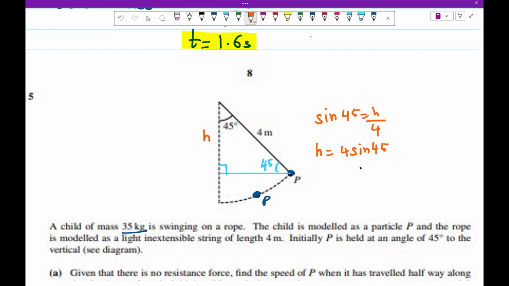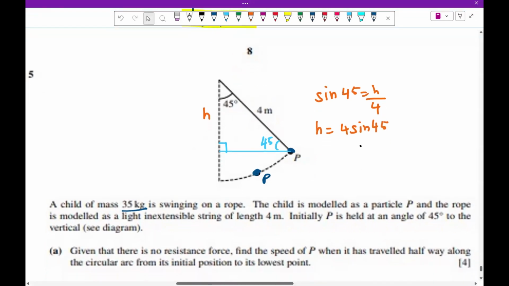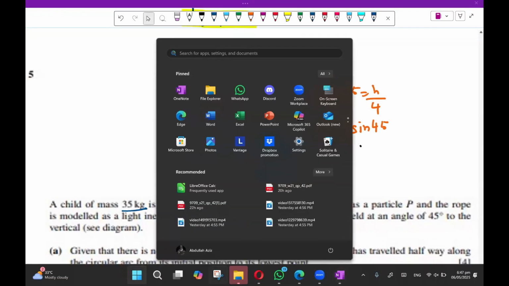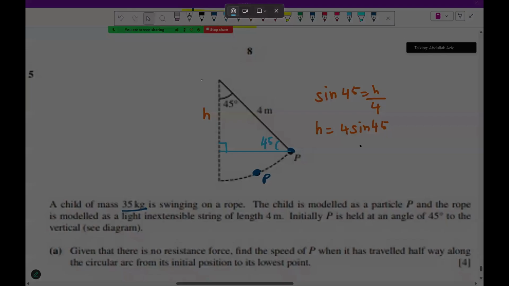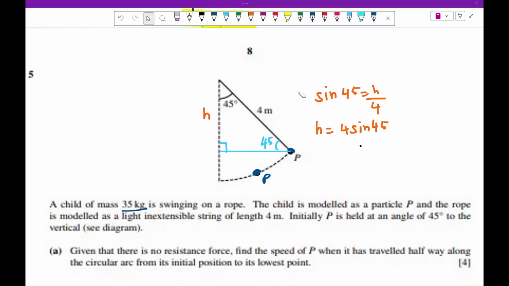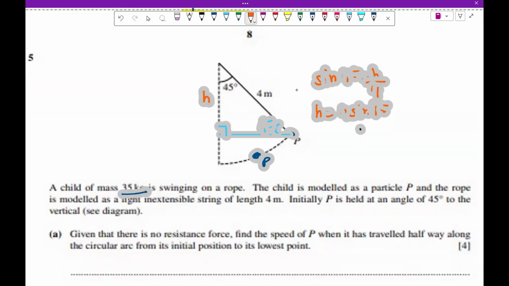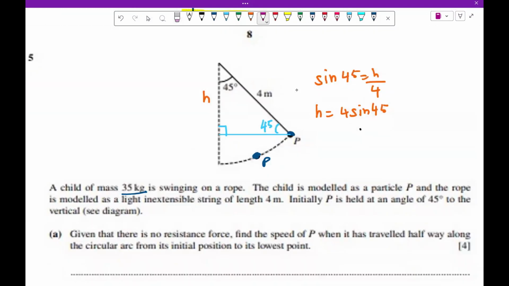Now if we draw this line over here, this angle will be half of that angle, i.e. 22.5, and let's say this height is h1, h2.